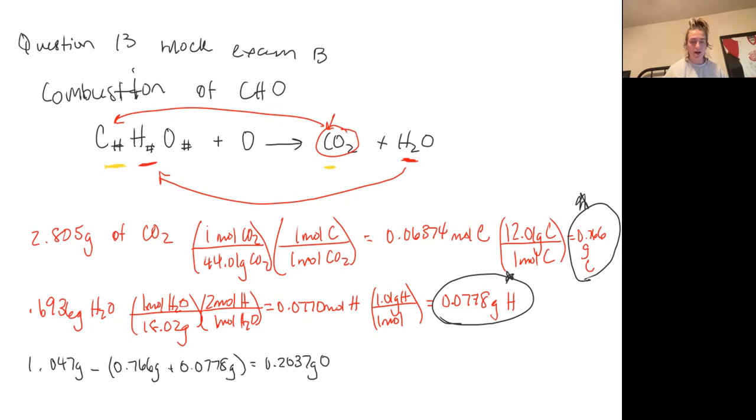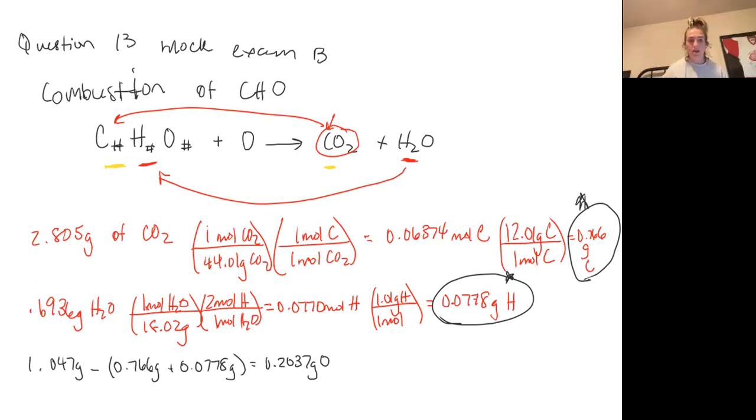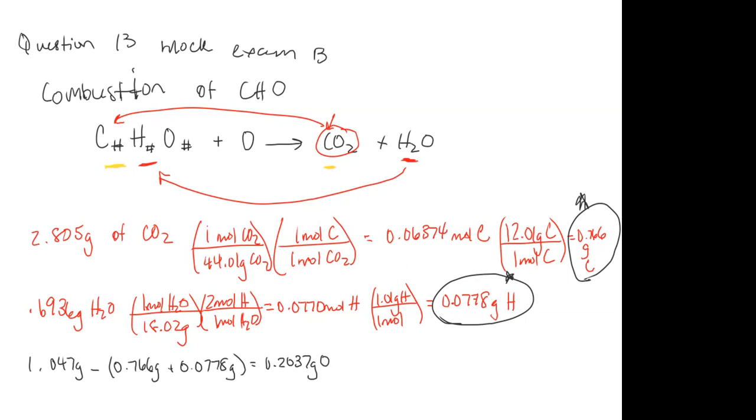Okay, does anyone have any questions on how we got to the grams of oxygen? Where did you get the 1.047 grams from? That came from the question. On your actual exam, the question says that you are combusting a 1.047 gram sample of compound. On mine it says 0.1804.